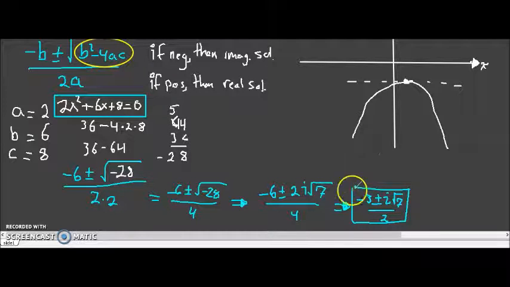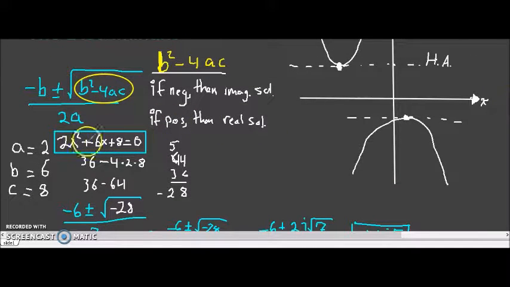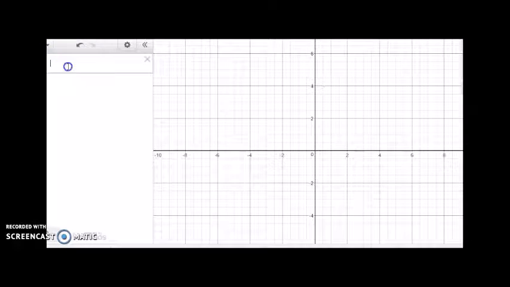However, when you graph it on the axis, this graph isn't going to have a real solution. And we can check that real quick. We can throw this graph into an online graphing calculator. So let's go ahead and do that. Alright, so I've got the online graphing calculator pulled up here.